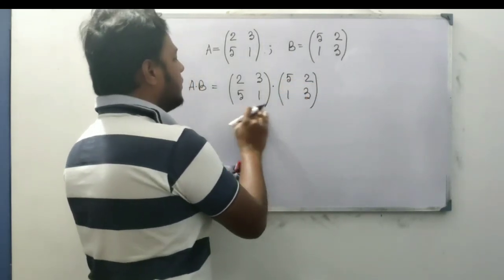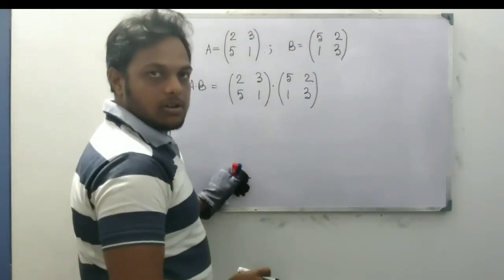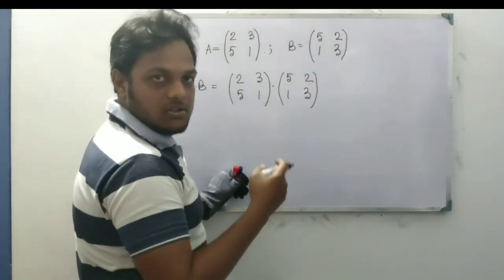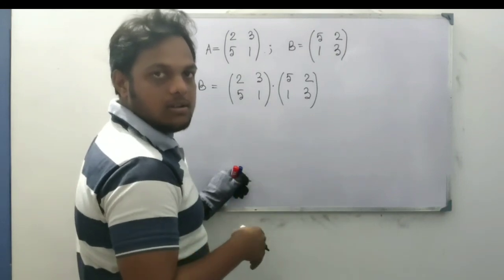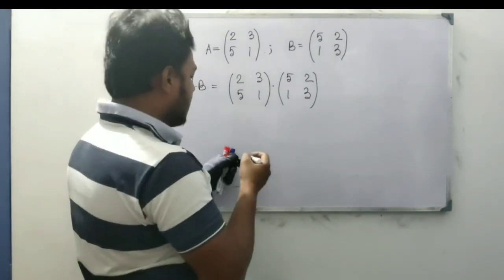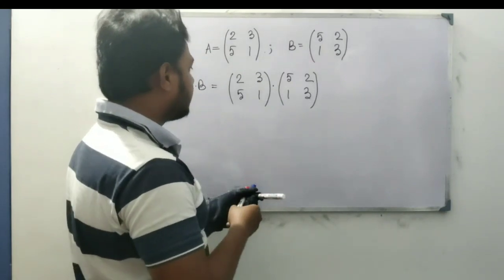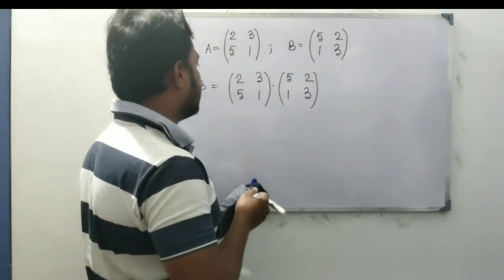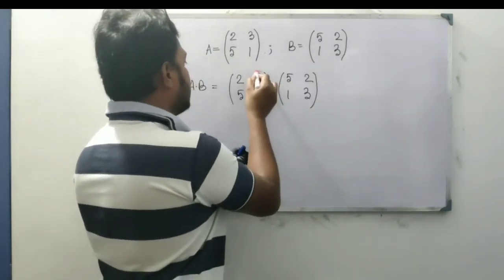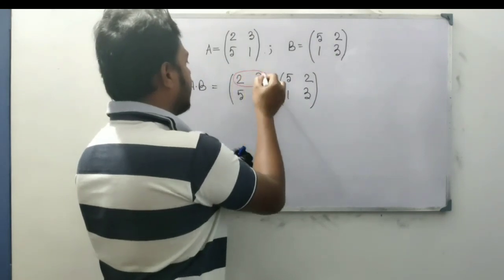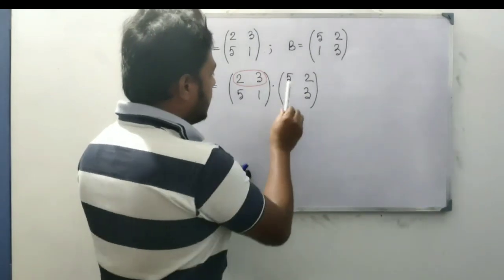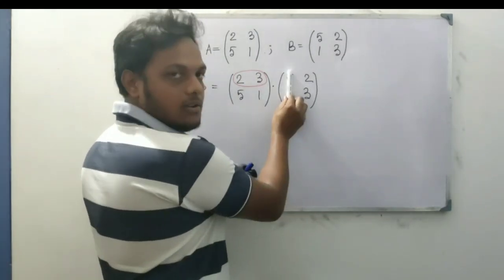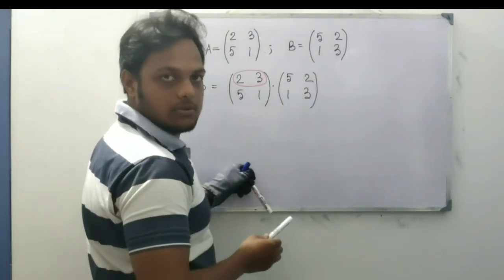Partly we will use the concept of the inner product. Just try to remember, the inner product was with a row matrix and the other one should be a column matrix. So first we consider the first row, then we need a column. First we will use the first column, after that we will complete with the second column also.